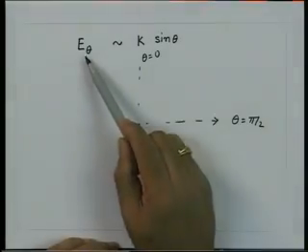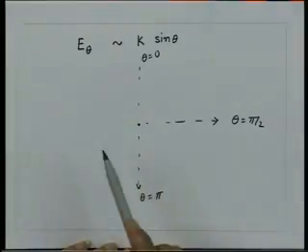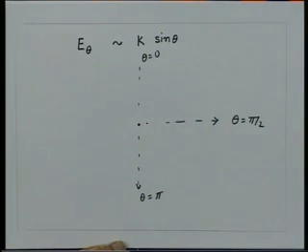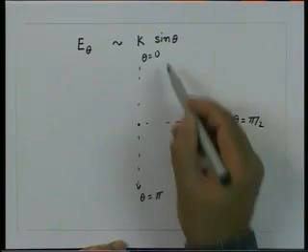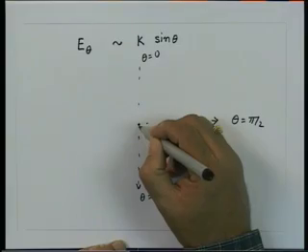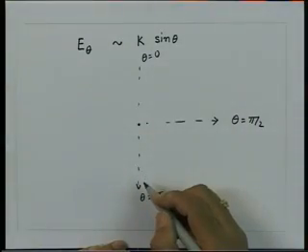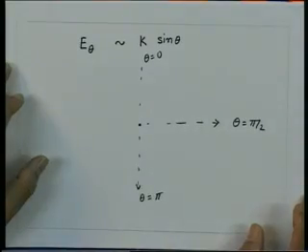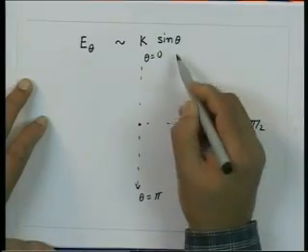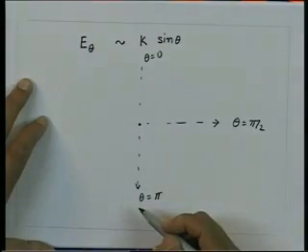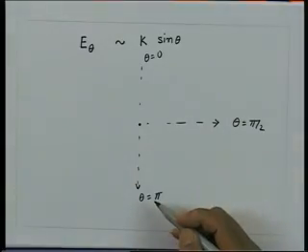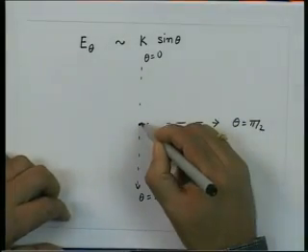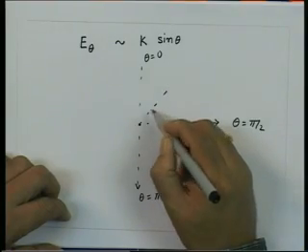So the electric field does not have a variation in phi, that means we have a symmetry in the phi plane. When theta equal to 0, the field is 0. When you go to theta equal to 45 degrees, you will have k upon root 2, and since we are interested only in the relative distribution, we can as well take k as 1. So we have some distance which is 1 over root 2 at 45 degrees.